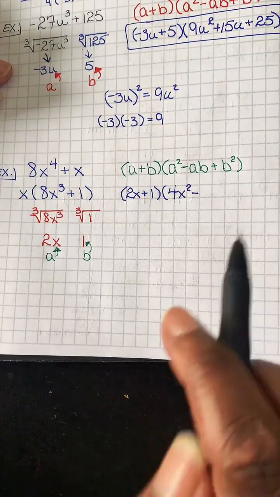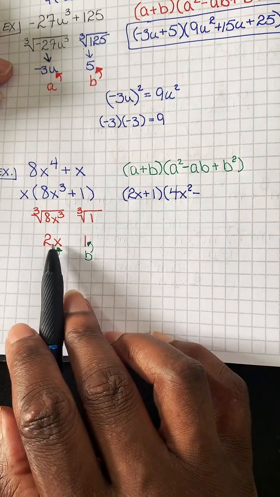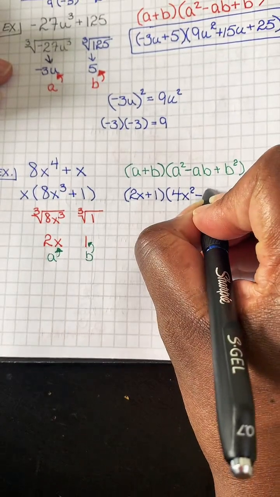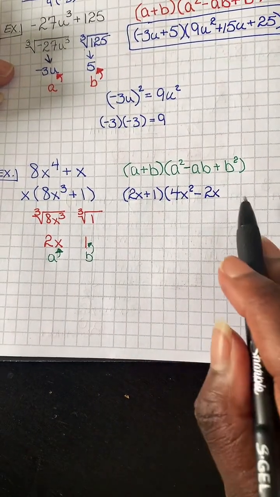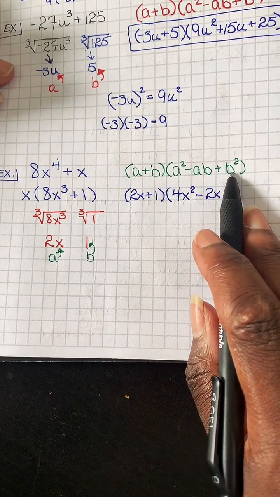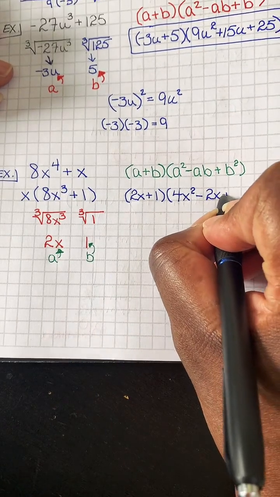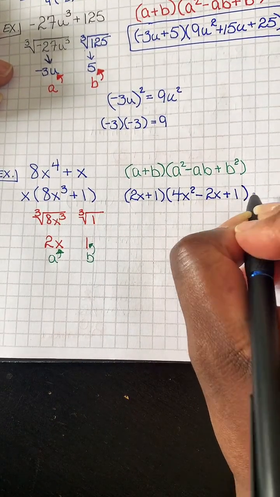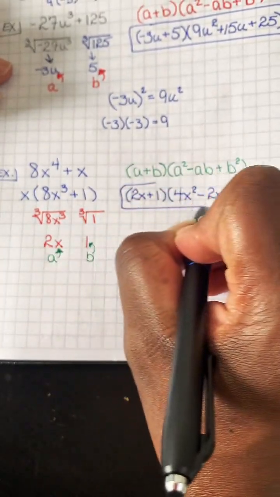Minus my AB. AB means A times B. So that means 2x times 1. So that'll be a minus 2x. And then we're going to square our B. And our B is 1, so that would be plus 1. Because 1 squared is just 1. And this is your final answer.